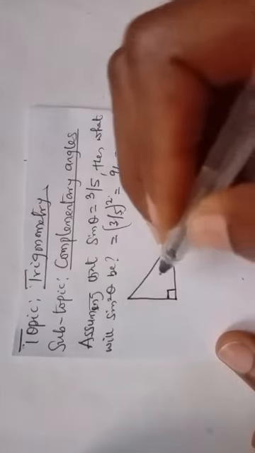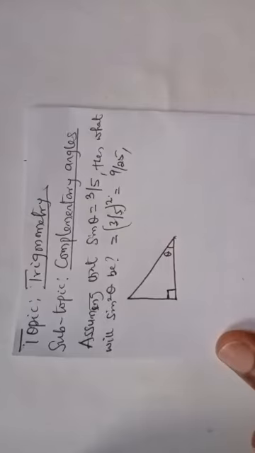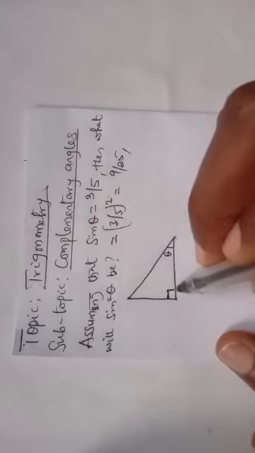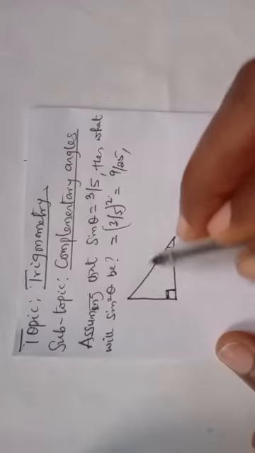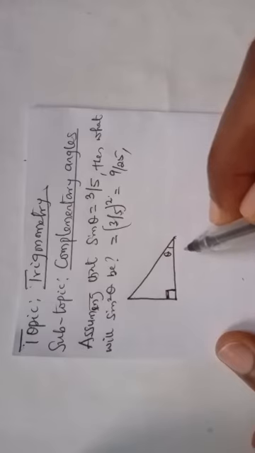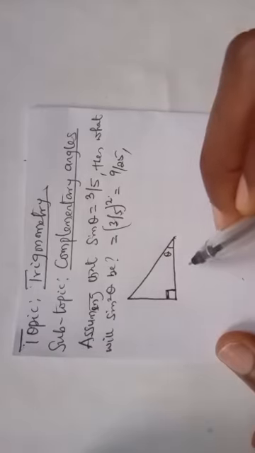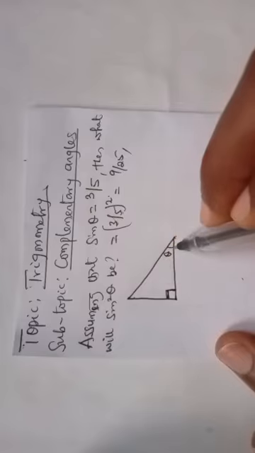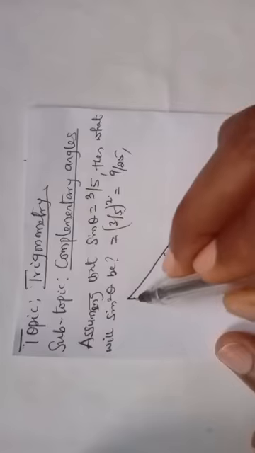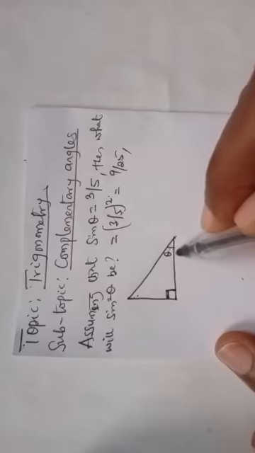Listen, here is always constant as 90 degrees. That makes this a right angled triangle. If these two places are complementary, the sum of the angle here and the one here must be equal to 90 degrees, right?